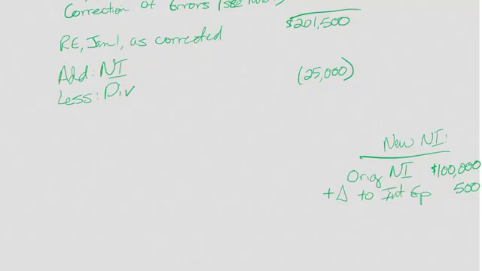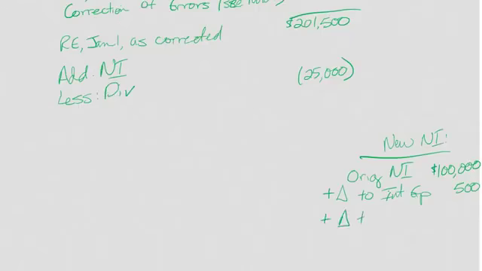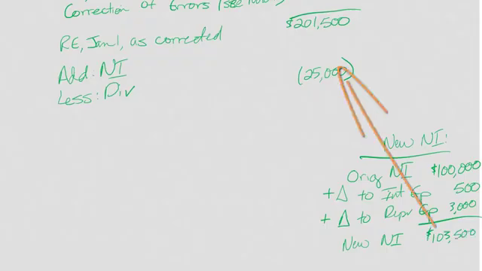Now let's take a look at the non-counterbalancing error, or the machine that we missed. We're focused on the year 3 books being open entry, and we have a credit to depreciation expense. So depreciation expense would go down, which means net income would go up by $3,000. So my new or corrected net income would be $103,500, and that's what I'm going to use up here.